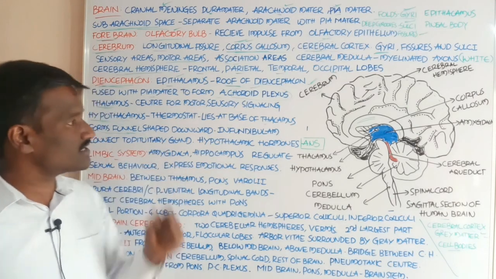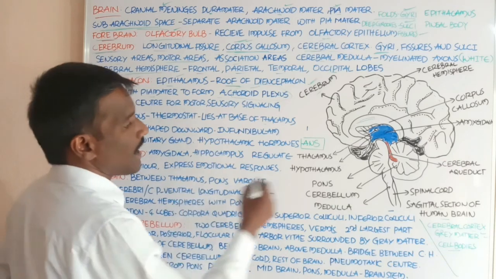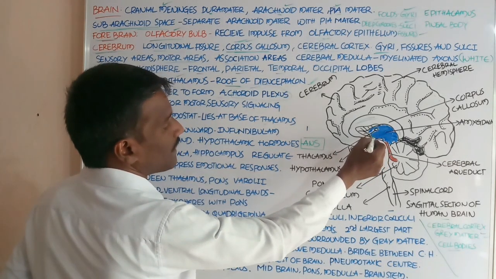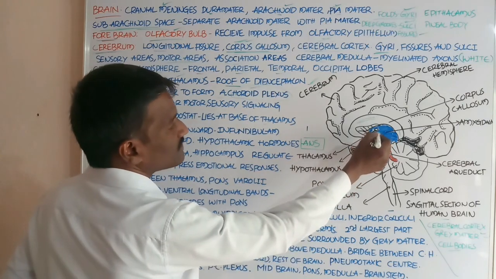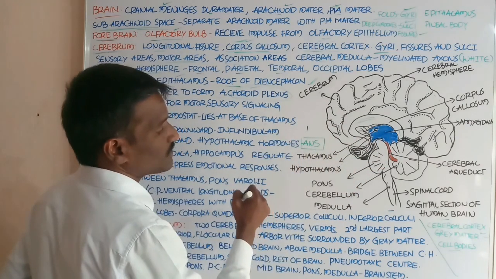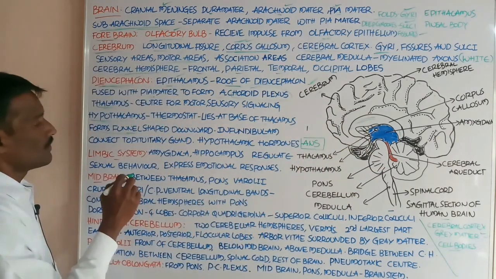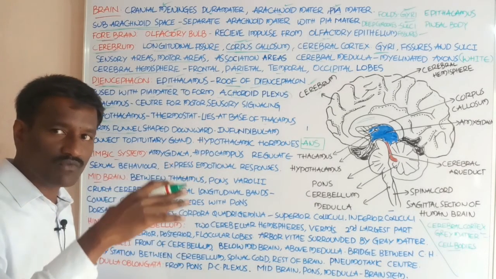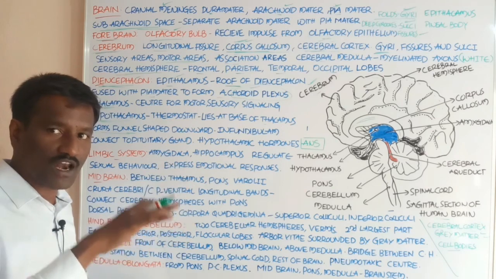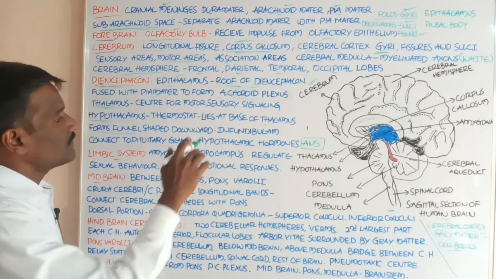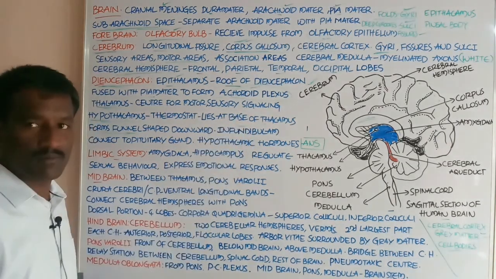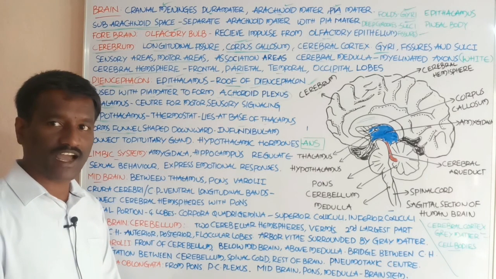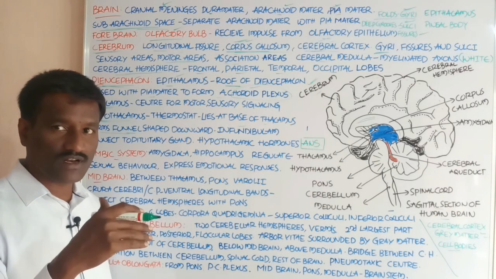This is the region of the hypothalamus, and above it there is the thalamus. The funnel-shaped downward extension formed from the hypothalamus is called the infundibulum. By the help of the infundibulum, the hypothalamus is connected with the pituitary gland.